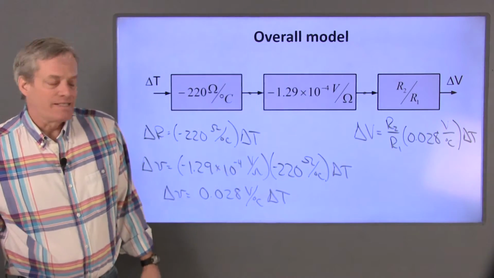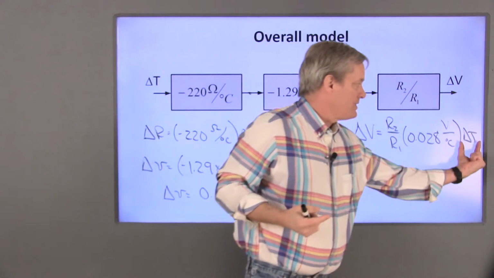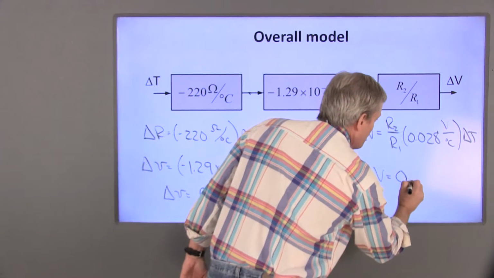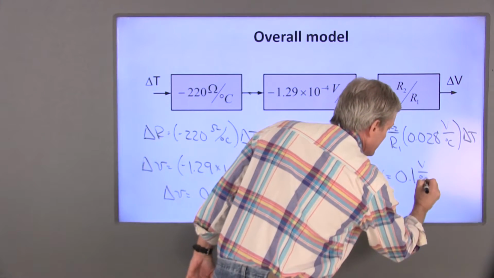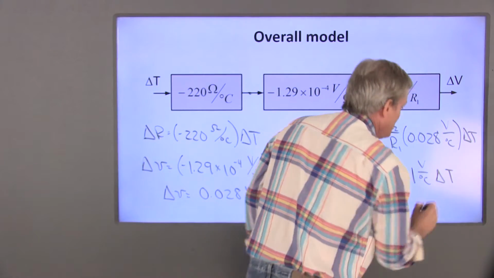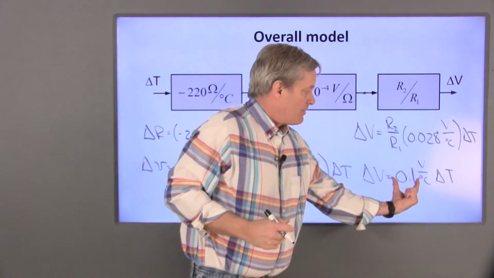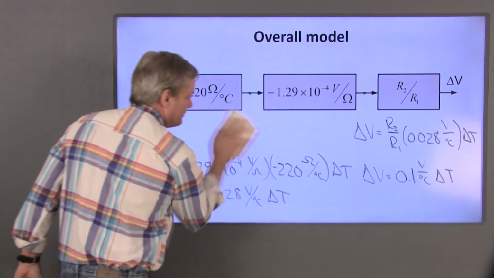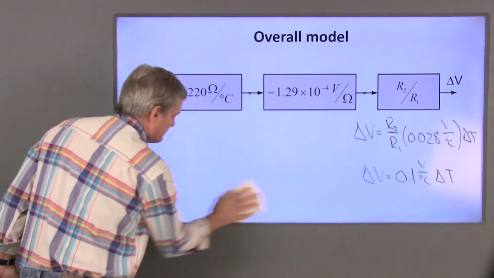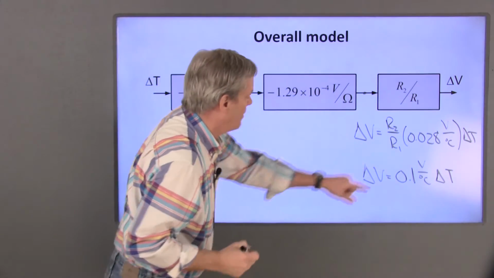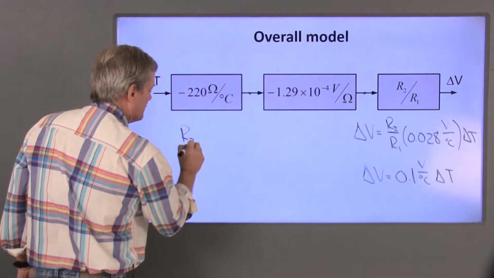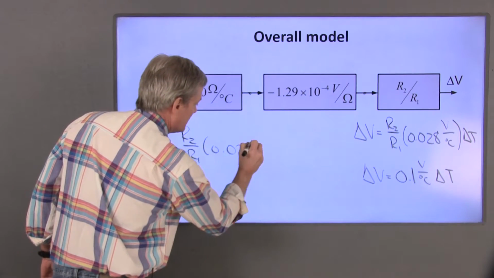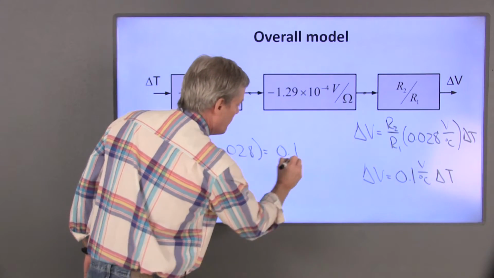Our required sensitivity between voltage and temperature change, delta V, is equal to 0.1 volts per degree centigrade times delta T. This number has to equal this number. So R2 over R1 times 0.028 is equal to 0.1.